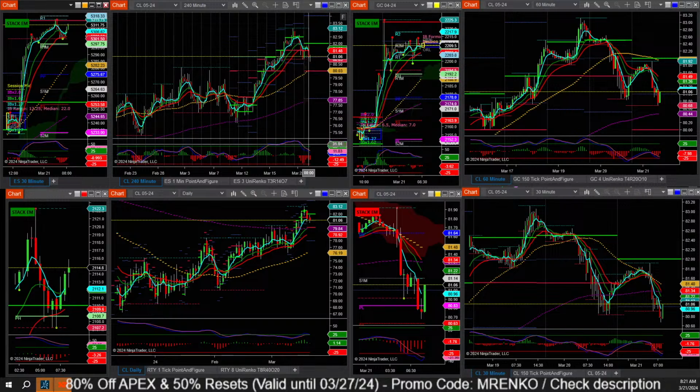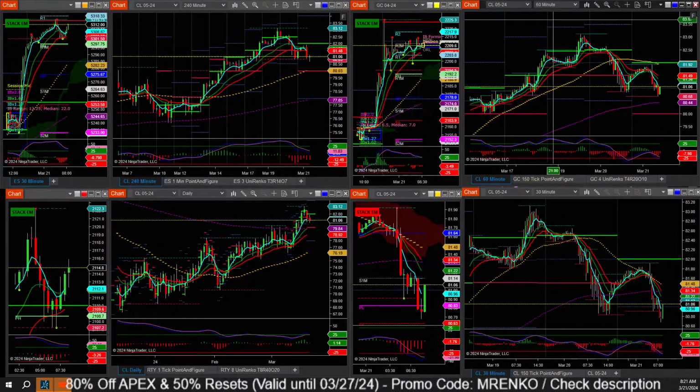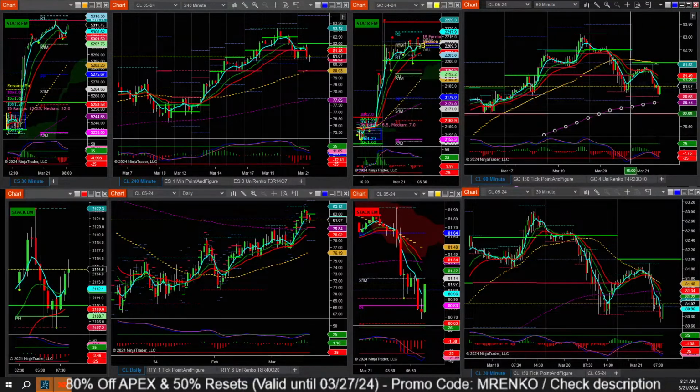We made a lower high here. The significance of this one is that we are going into a range. If we go above 82, then we could retake the move to the upside.